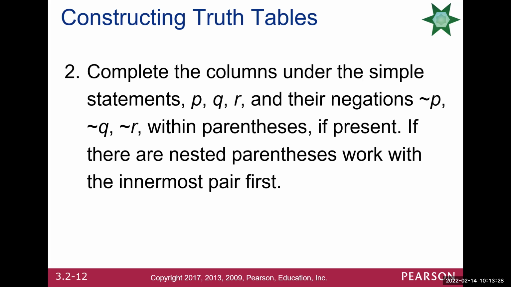So we'll have our P, our Q, and our R statements. We'll have all the different cases. Then we'll have their negations within parentheses if we have negations. If there are nested parentheses, you always work within those parentheses first, because even though it might not seem like it, we are in a math class.